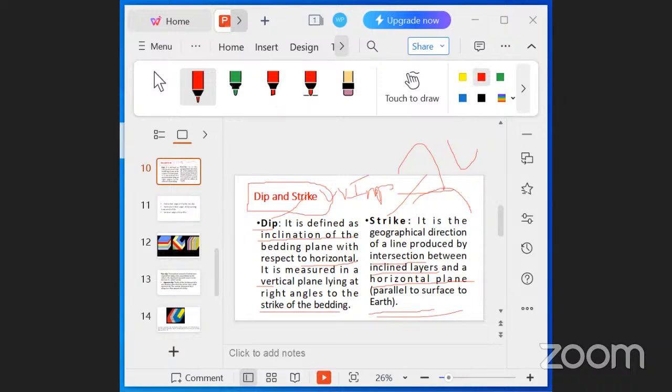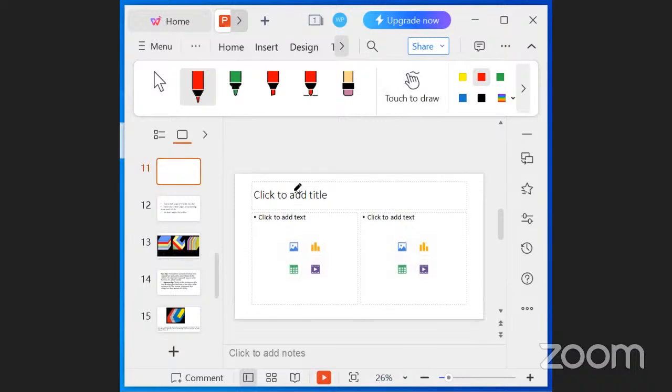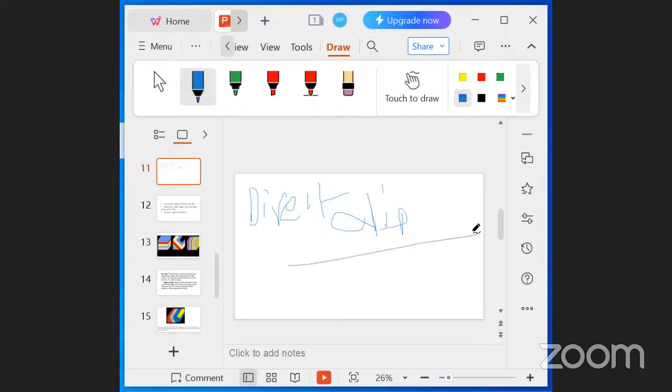Now, the direction of dip. What is that? Direction of dip, D-I-P.